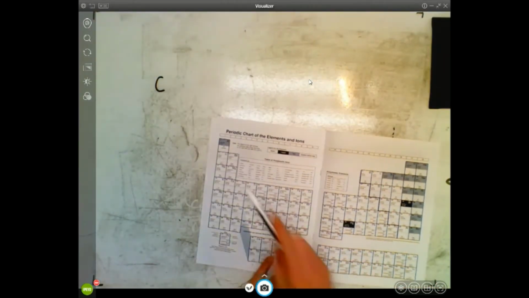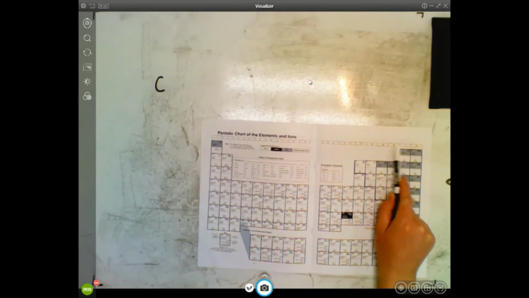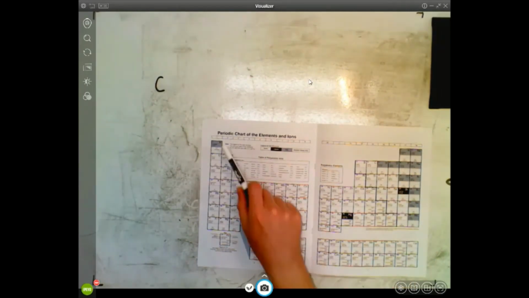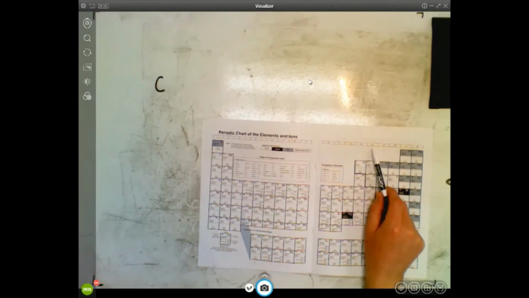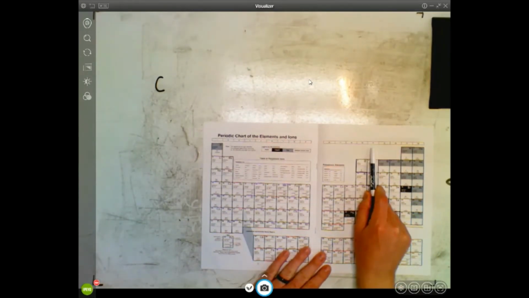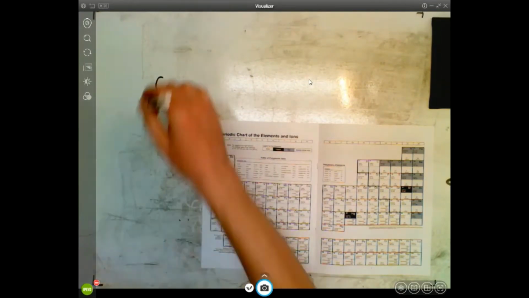What I want you to notice is these numbers up here. These numbers are your group number, and those will tell you how many electrons they have in their outer shell. That's what the valence shell means. We can see carbon here is in group 14. We take the last number of 14, which is 4, and it tells us that there are 4 electrons in carbon on the valence shell.